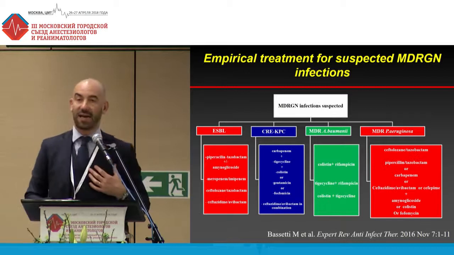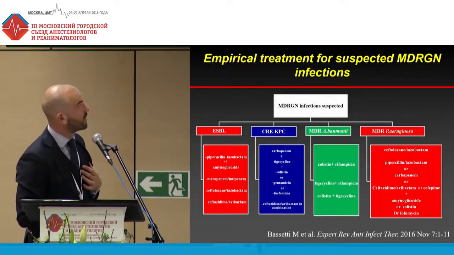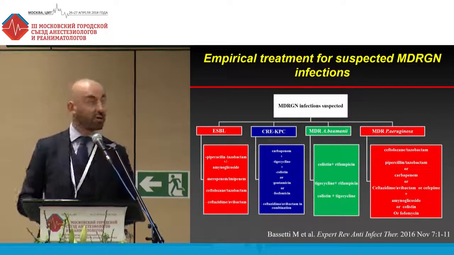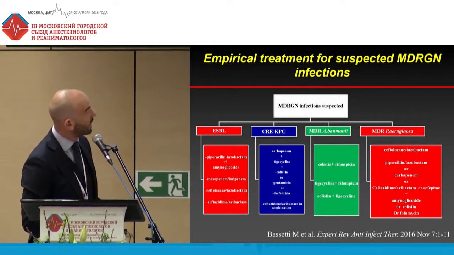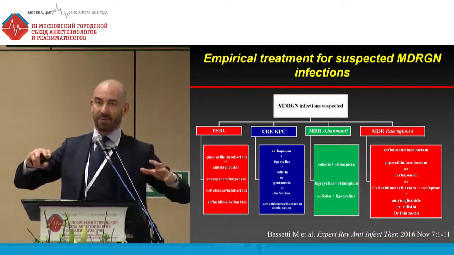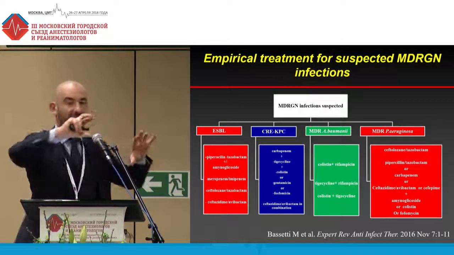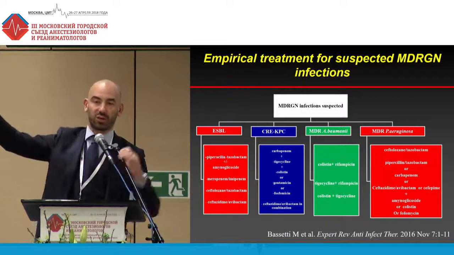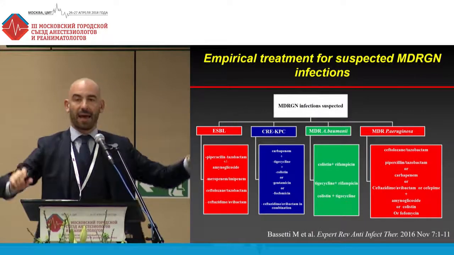For MDR Acinetobacter, we don't have many alternatives to colistin-rifampin, or tigecycline-rifampin, or tigecycline-colistin. And for MDR Pseudomonas, obviously we have ceftolozane-tazobactam, but also ceftazidime-avibactam as a backbone. So you can see that this drug fits in the armamentarium at least in three different situations: ESBL, CRE, and Pseudomonas aeruginosa.